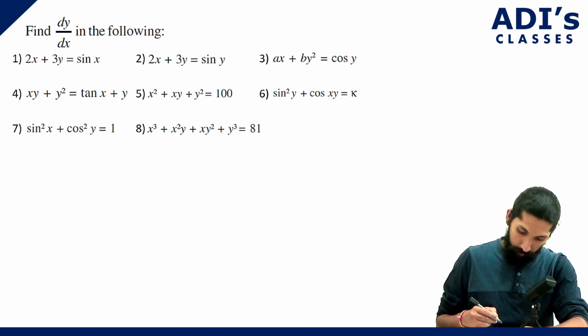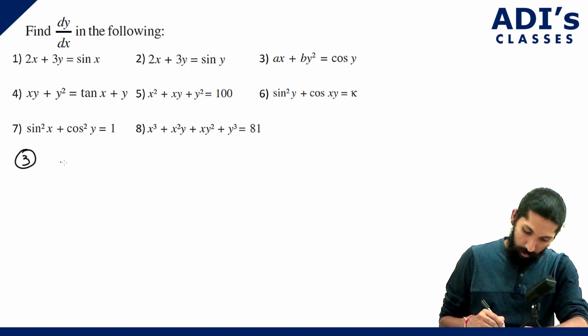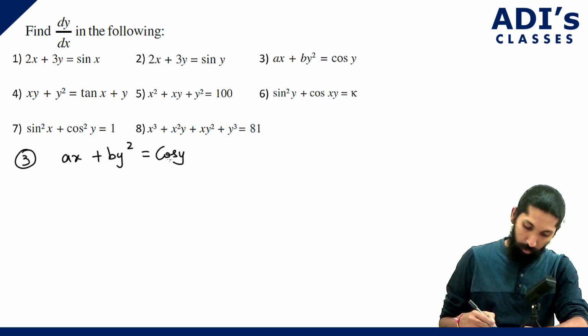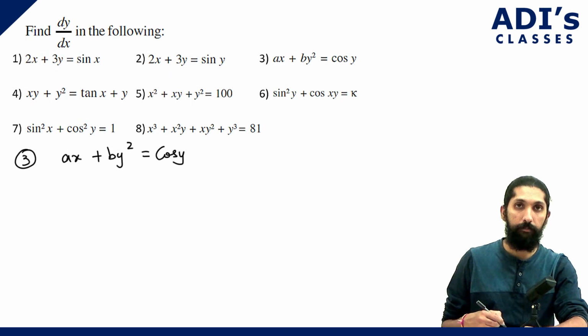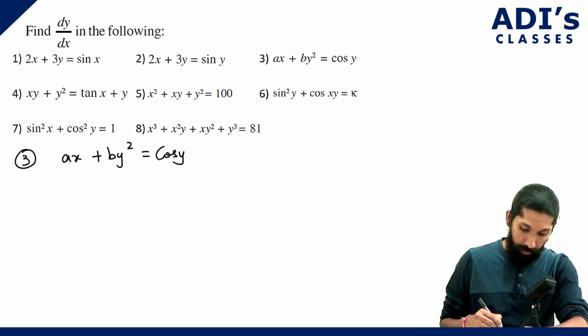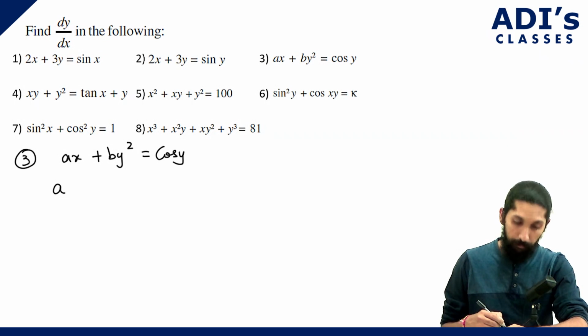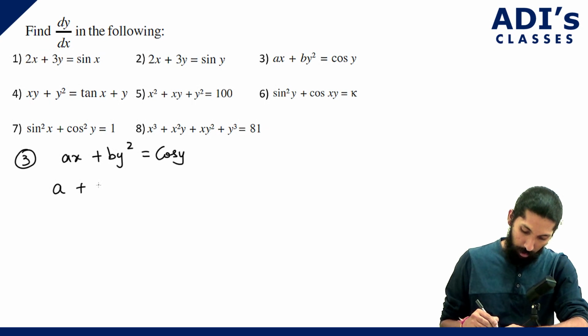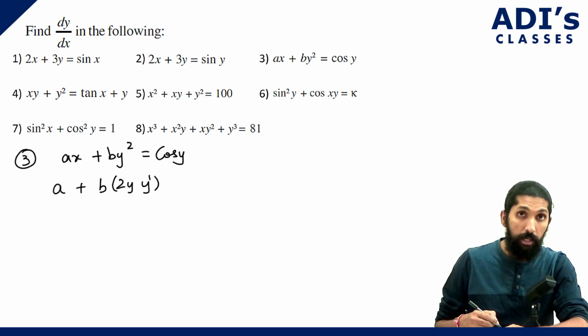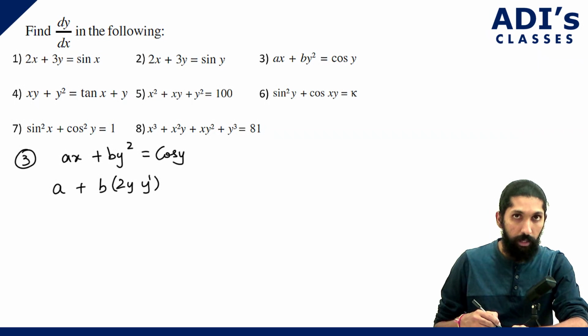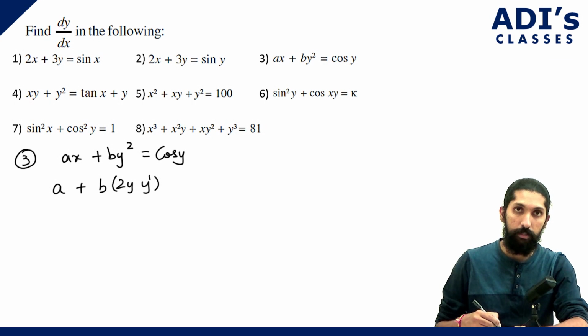For the third one, what you have is ax plus by square is equal to cos y, right? Now again differentiate. a into x becomes a anyway, plus b into 2y into y dash. Y square derivative would be 2y into dy by dx. Correct?